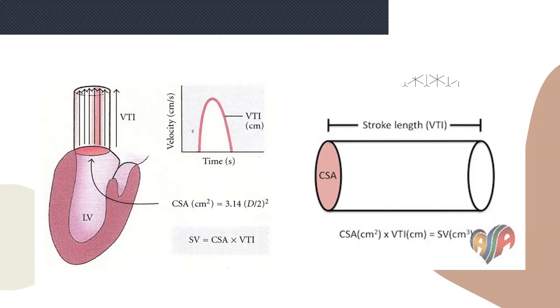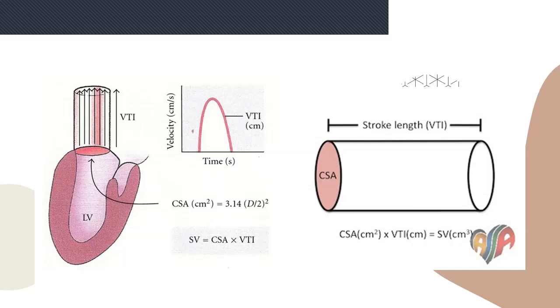So how do we get it? As we know from maths, we can get the volume of a cylinder using the cross-sectional area times the length. You will get the volume of it. So stroke volume equals your cross-sectional area times your velocity time integral.